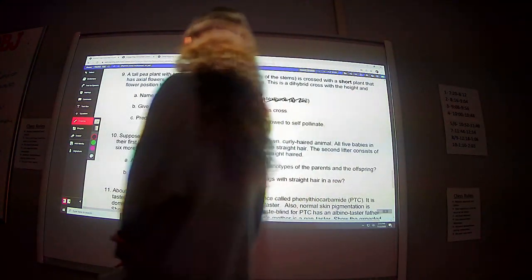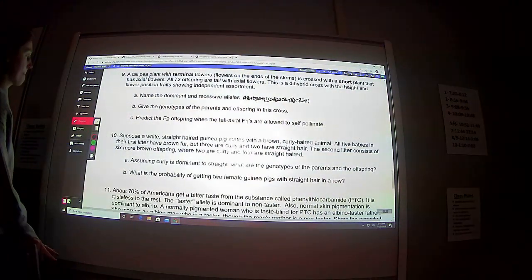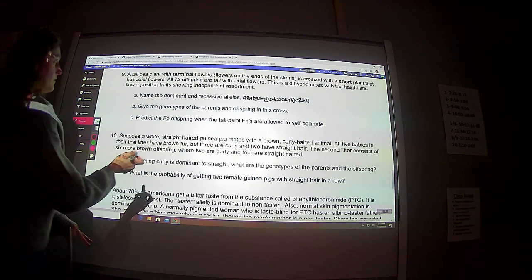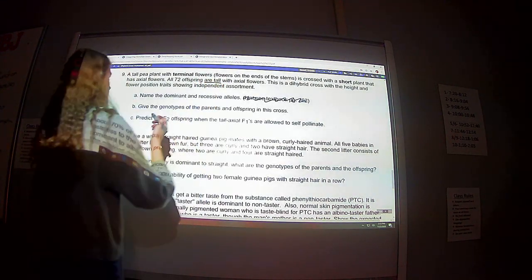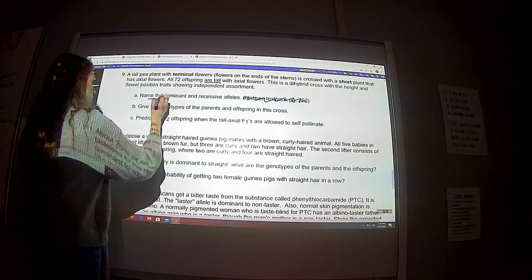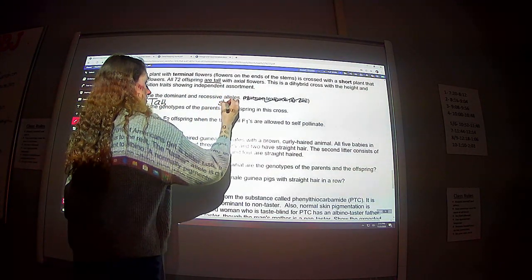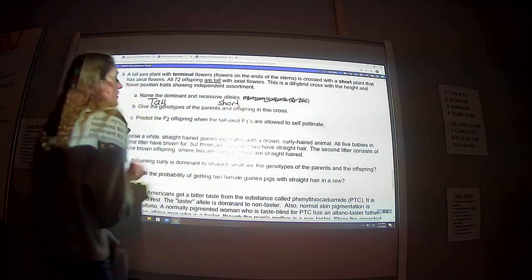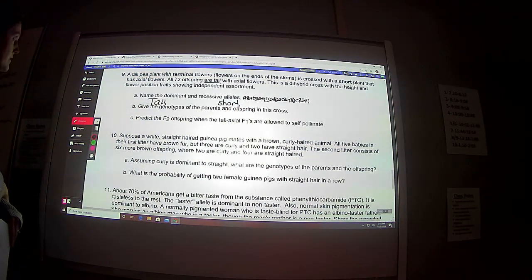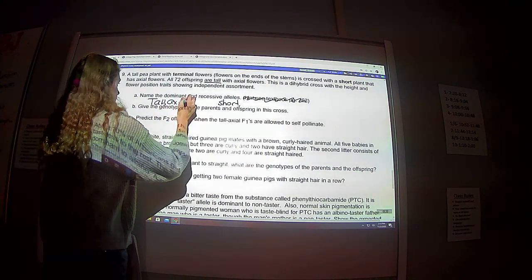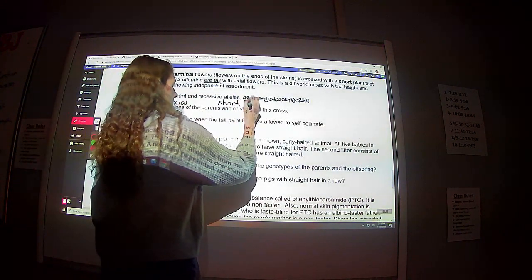So the dominant and recessive alleles. We had a tall pea plant with terminal flowers. All the offspring are tall. So if all of them are tall, tall is going to be dominant, so short is going to be recessive. And they all had axial flowers, so axial is also going to be a dominant trait, and terminal would be the recessive trait.